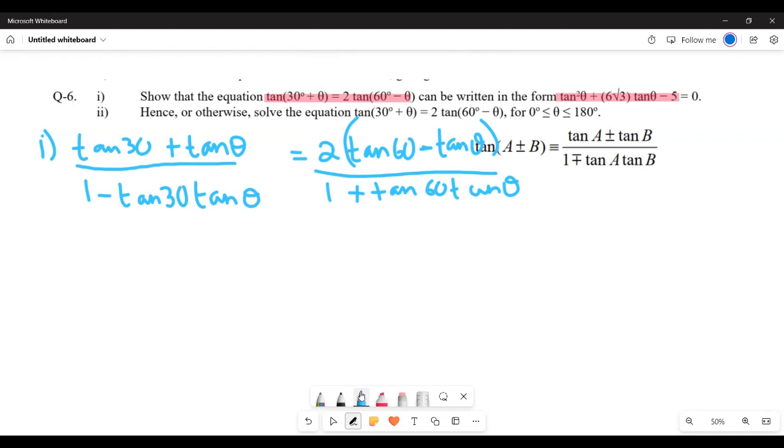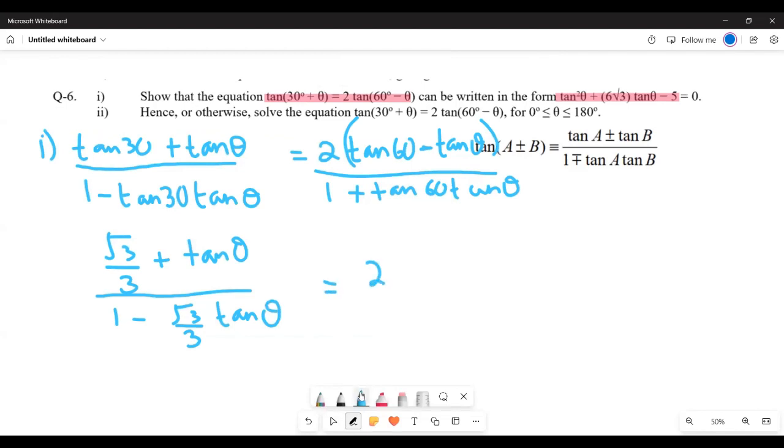So tan 30 is under root 3 by 3 plus tan theta upon 1 minus under root 3 upon 3 tan theta equals 2 times what is tan 60, under root 3 minus tan theta upon 1 plus under root 3 tan theta. Now we cross multiply.